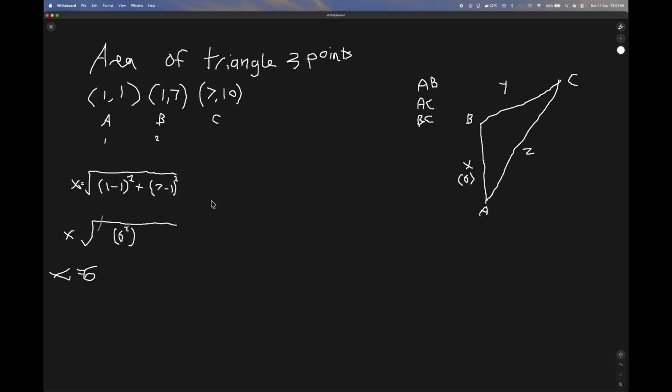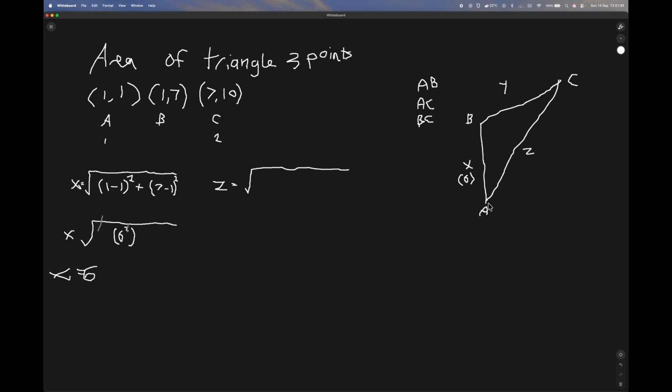Now, z, the square root of, this is going to be line AC, so we'll erase that. We'll rename this one here point 2.